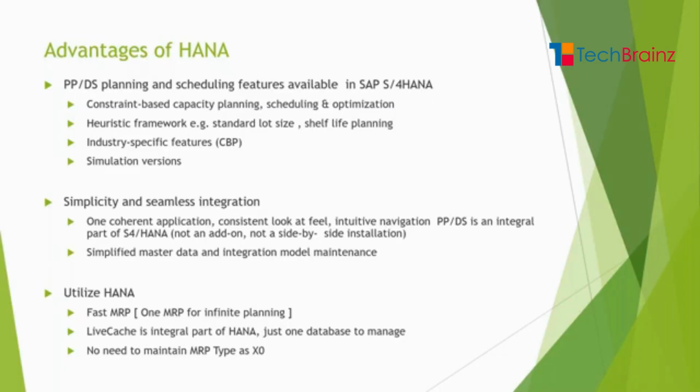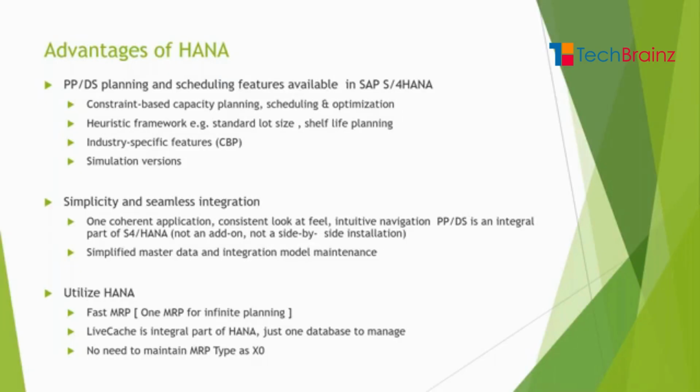Then it's fast. We all know that HANA is the fastest database, and that is used in PPDS, because there is now only one planning done in HANA for PPDS as well as ECC. Earlier, and I'm giving the reference in terms of ERP and APO, there were two different algorithms or planning techniques. One was specific only to ECC, which we call MRP, and the other was specific to PPDS or APO; it could be either SNP or PPDS.